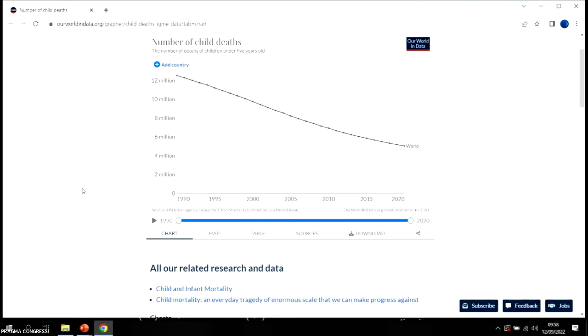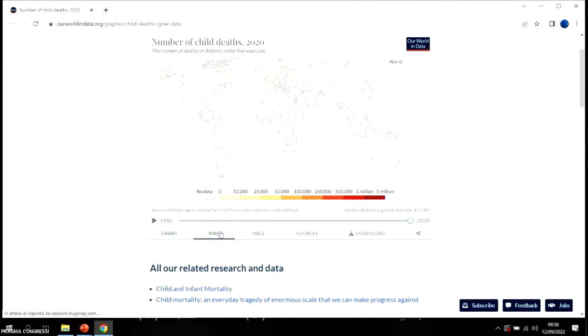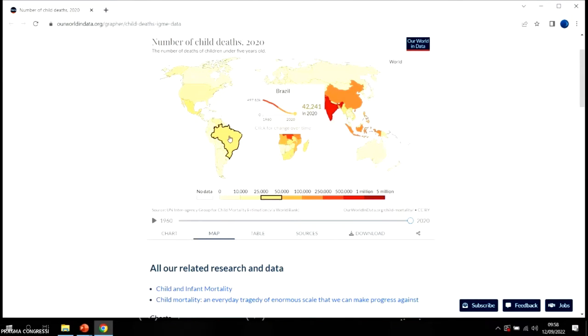Click on child, yeah, there you go. Here you can see the data across the globe. So even though the numbers have gone down, they are still fairly high, especially in Africa and parts of Asia. So we're nowhere near the SDG goals.